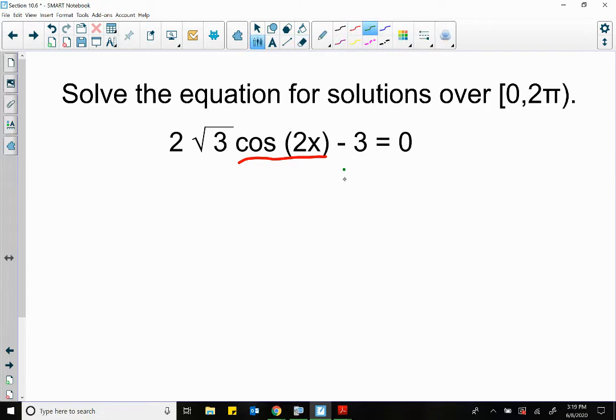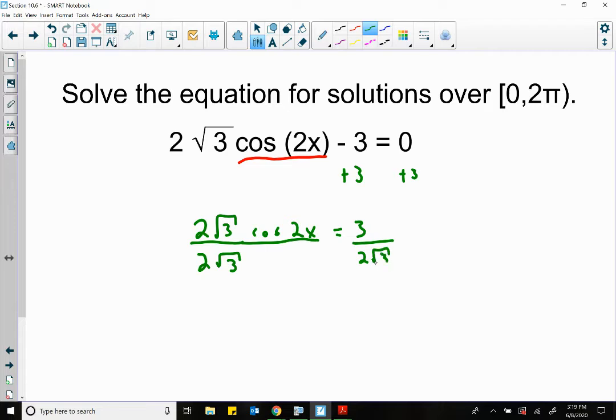Well, all we're going to do is add 3. So when you have one trig function, just leave it the way it is and solve for it. That gives you 2 square roots of 3 cosine double angle equal to 3. And then divide by 2 square roots of 3.